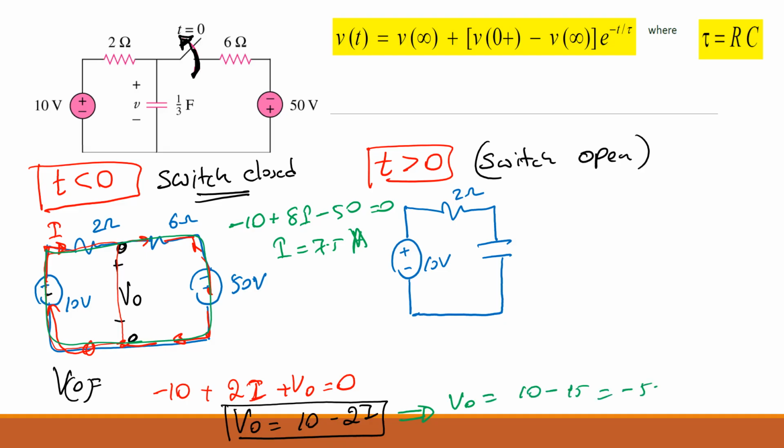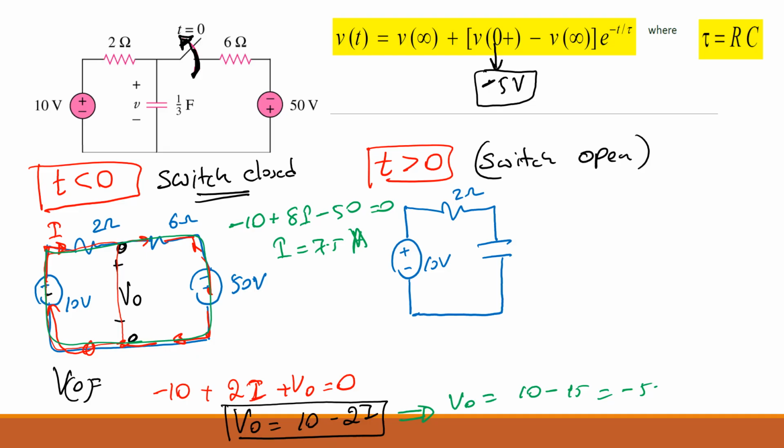So now you can see we have V naught as -5 volts. It's the same thing, but now your situation is opposite. Current is 7.5 like in the previous one.